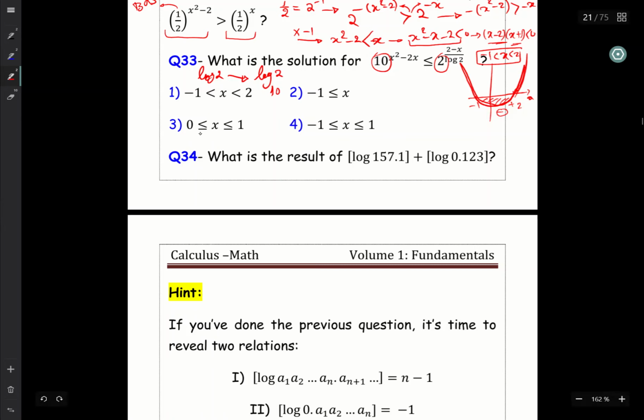Let's take the log in base 10 of both sides. Then log in base 10 is monotonically increasing, therefore the inequality stays the same. So x squared minus 2x is less than or equal to the log of the right side, which is (2 minus x) divided by log of 2 in base 10, times log of 2 in base 10, okay?